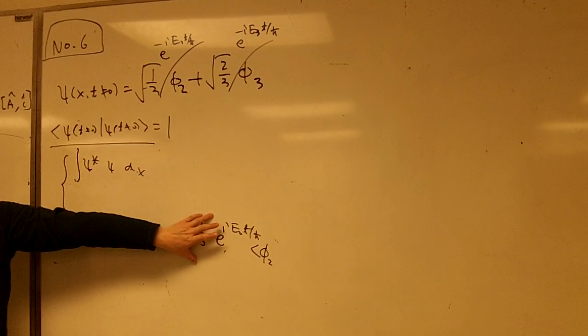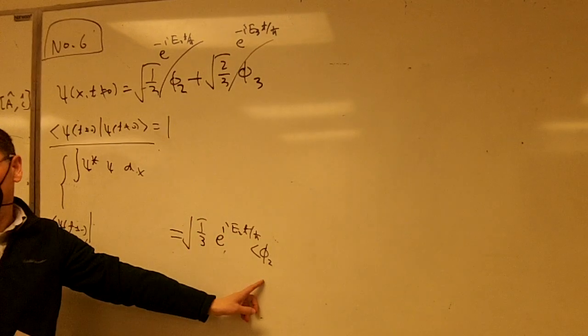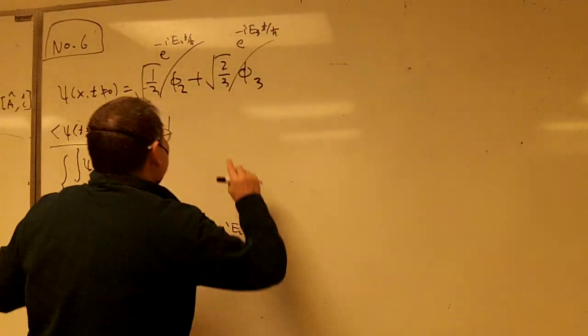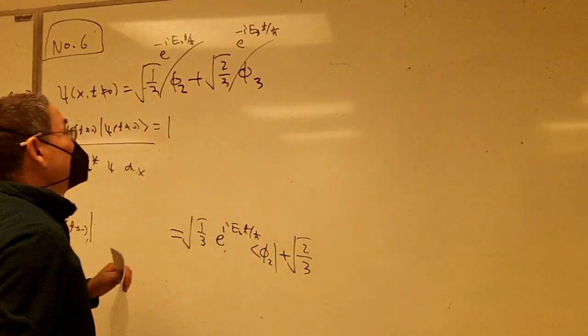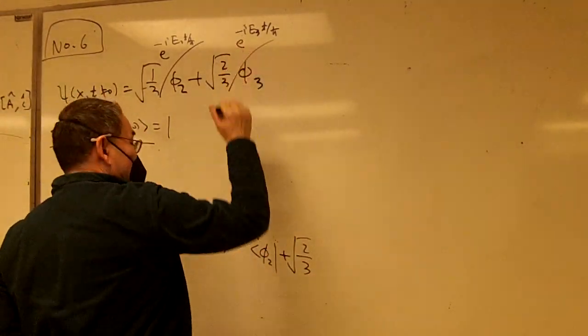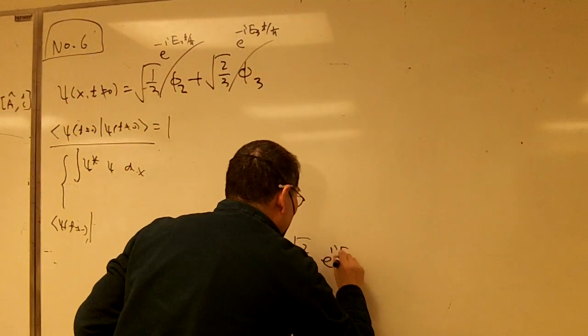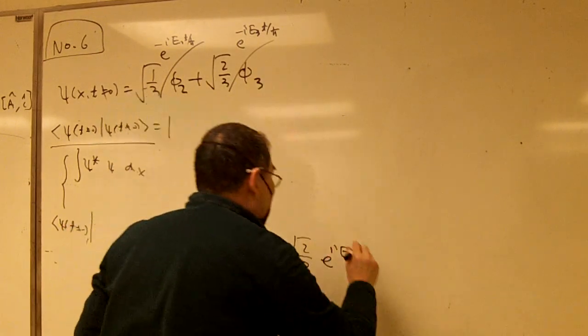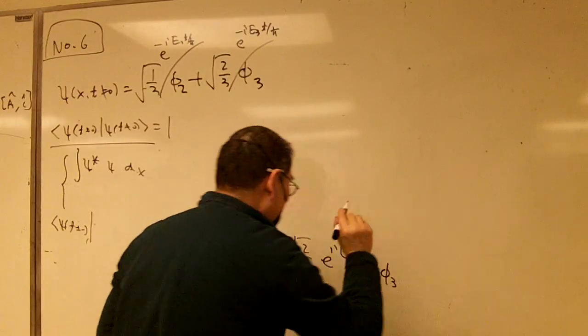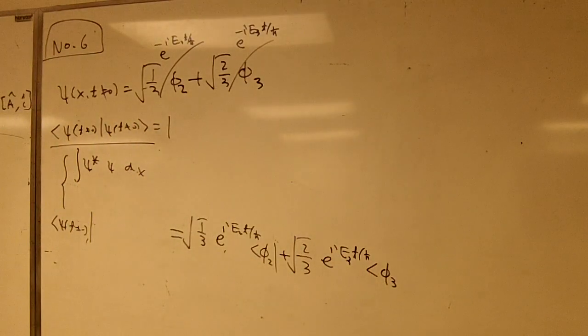Everyone's good so far? So this is the bra, what we have. The second term here, square root 2 over 3, and then we get also positive there, e to the iE3t over h bar, and we have a bra 3. Okay.